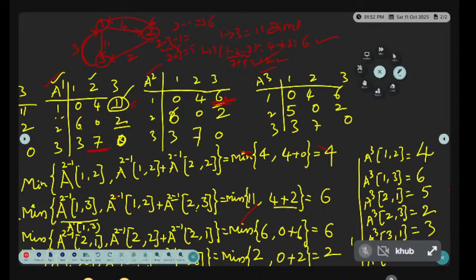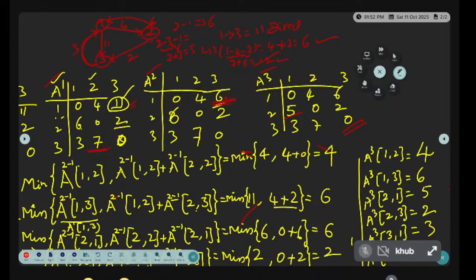Total is 5, so it is updated as 5. Whereas directly 6 kilometers, now via 3 it is 5 kilometers. Definitely we will prefer this route only. And 7 is 0. So this is the final distance between each pair of nodes.